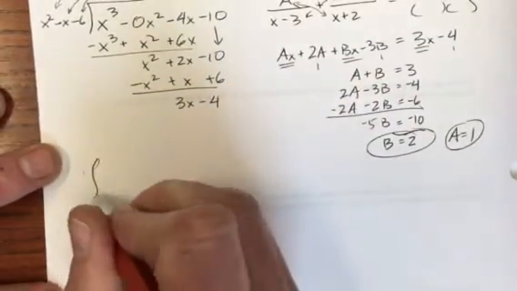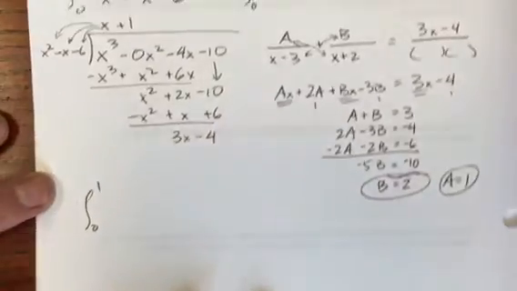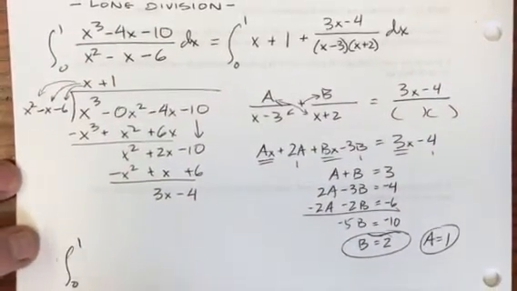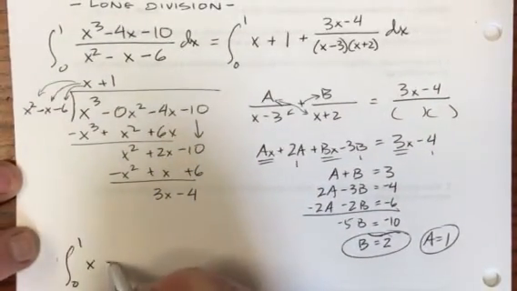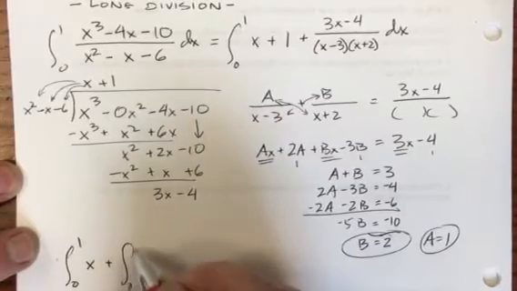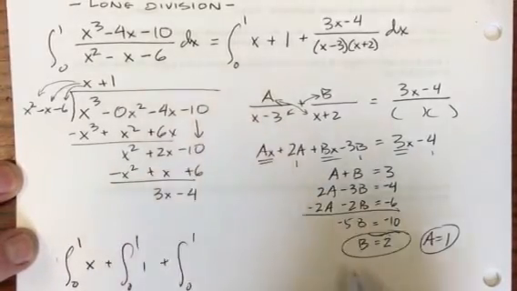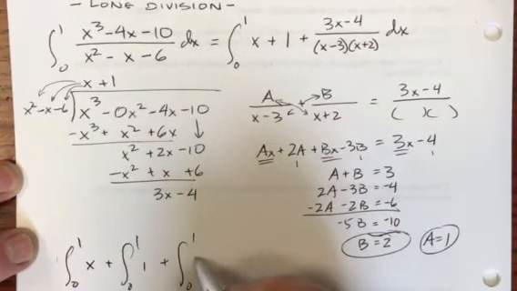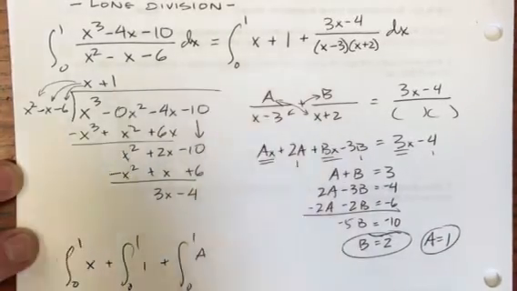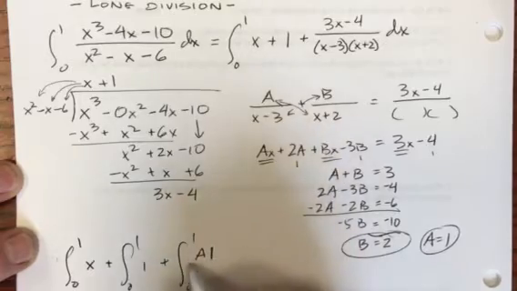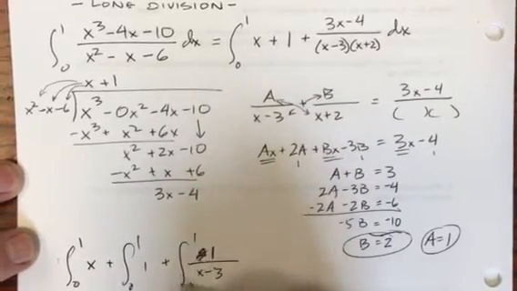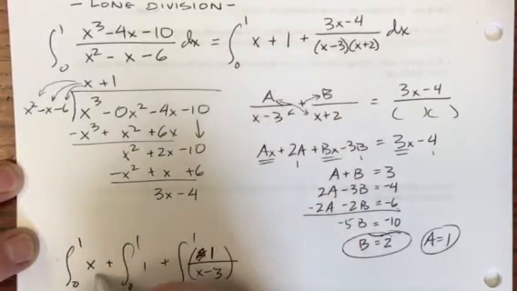I'm going to get the integral then from 0 to 1 of x plus the integral from 0 to 1 of 1 plus the integral from 0 to 1 of, which is 1 over x minus 3, and these are all dx.